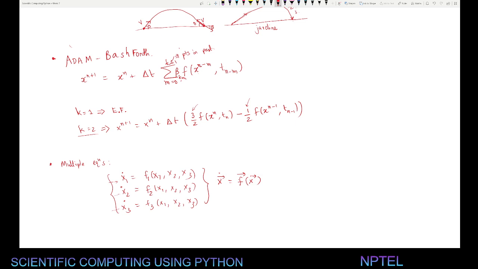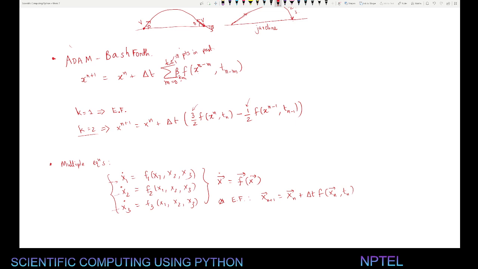Okay, and this again can be solved using any known method. For example, Euler forward: the vector x_(n+1), which means all the components, is going to be x_n plus delta t times f of x_n and t_n if there is.